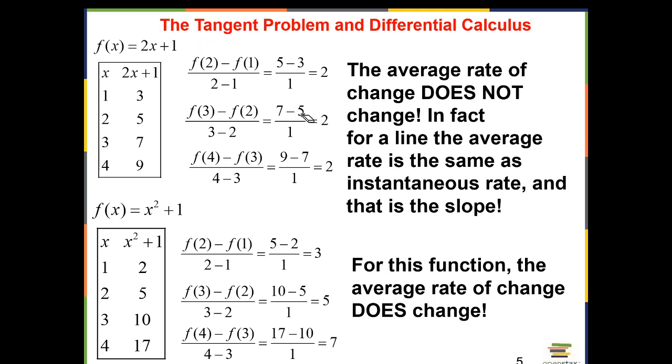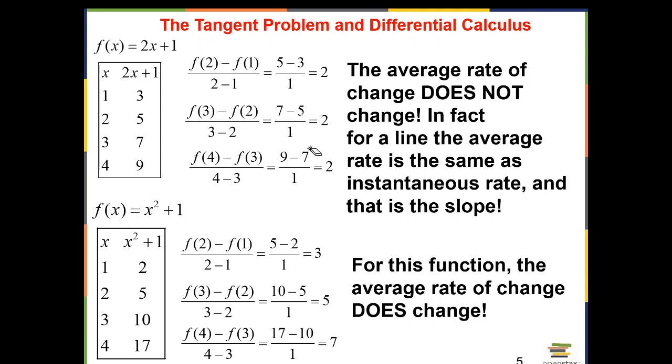Like if I tell you that I went from Houston to San Antonio and it took me 4 hours, and you know that it's maybe 200 miles from Houston to San Antonio, that means my average rate of change is 50 miles per hour. So that's the average rate.